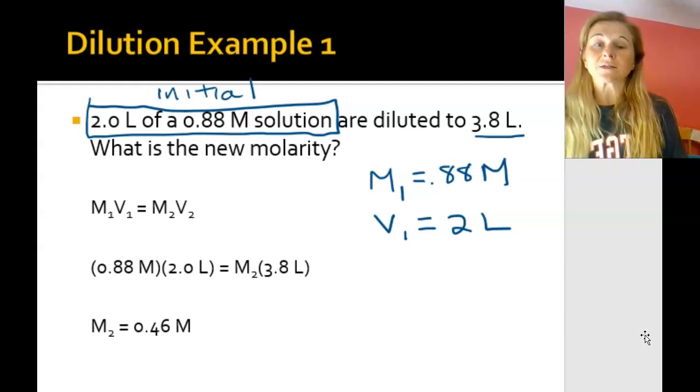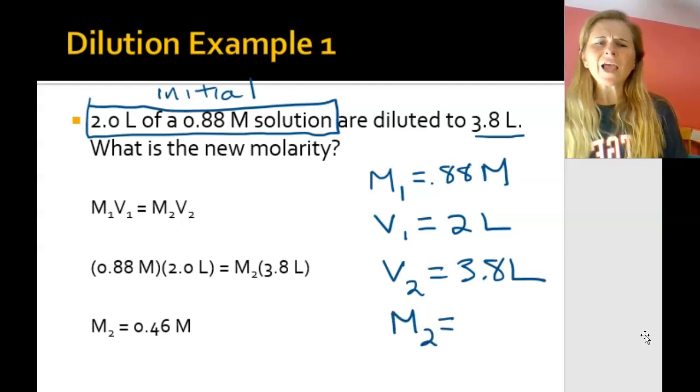So we're going to add some water to that concentrated detergent, and we want to know how strong it will be after we add enough water to have a total of 3.8 liters of solution. We know our final volume is going to be 3.8 liters, but how strong will that laundry detergent be?